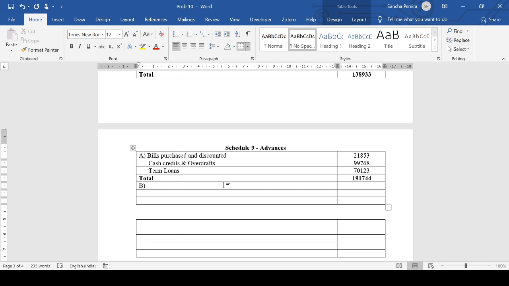So we're going to write it as secured by tangible assets. The amount is 162521. Then we have secured by bank and government guarantees, which is 25012.